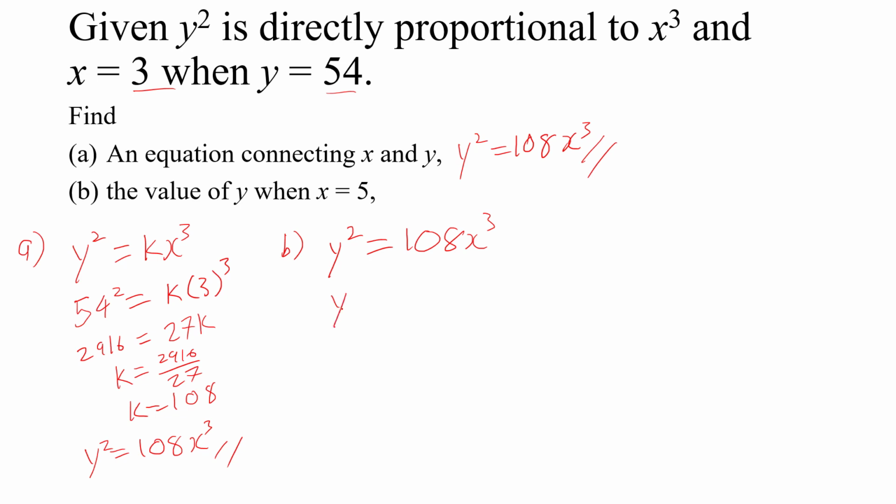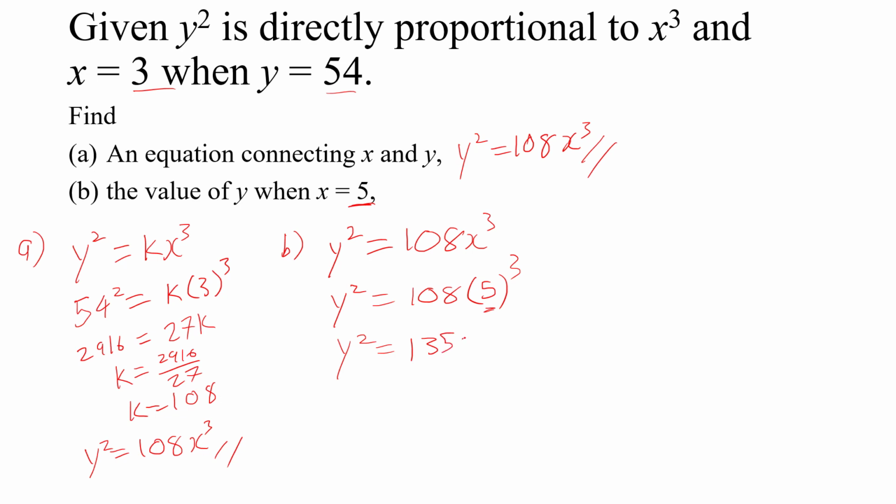All I have to do is y squared is equal to 108 times x to the power of 3, because x is 5. Alright, y squared is equal to 108 times 5 to the power of 3.